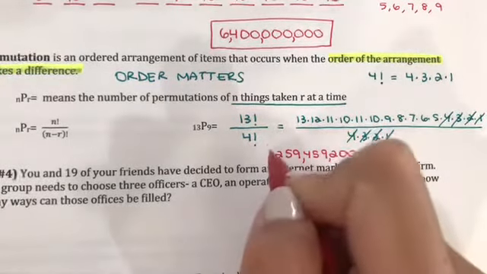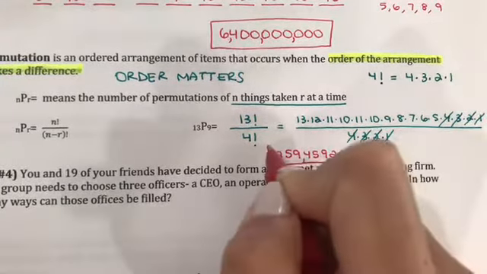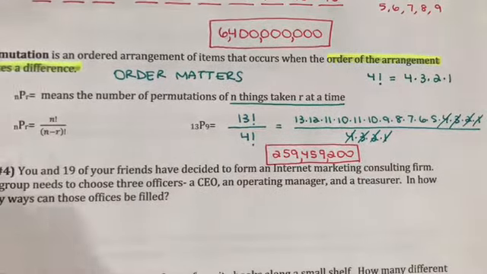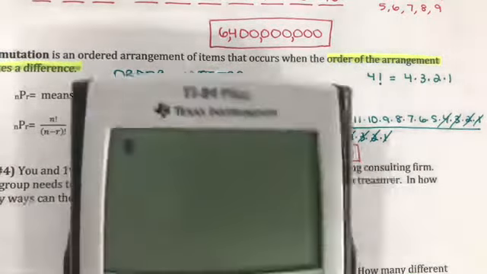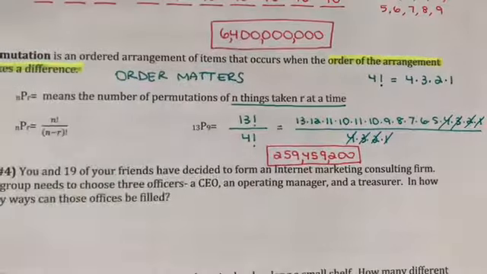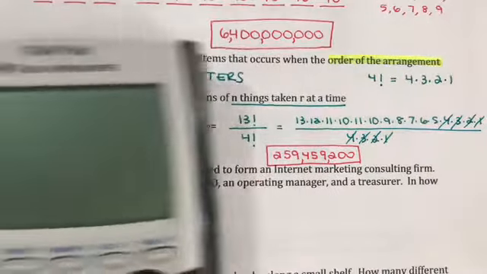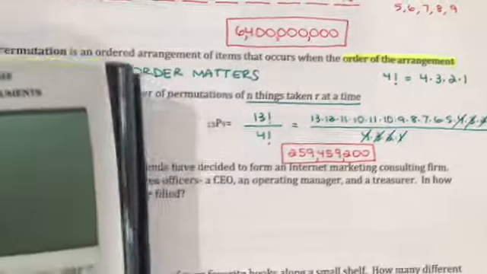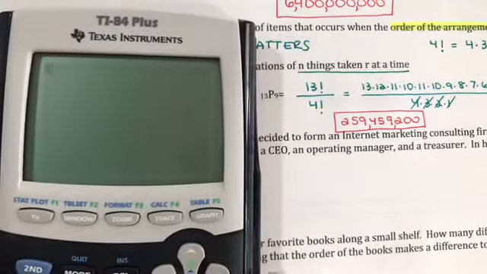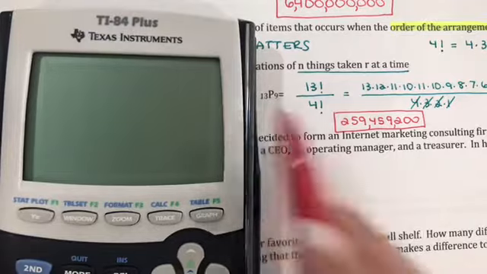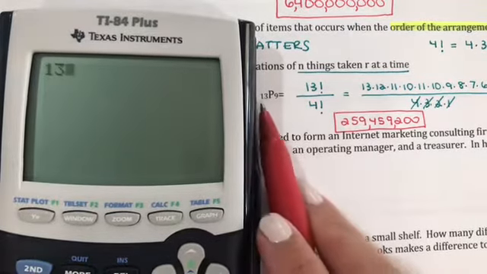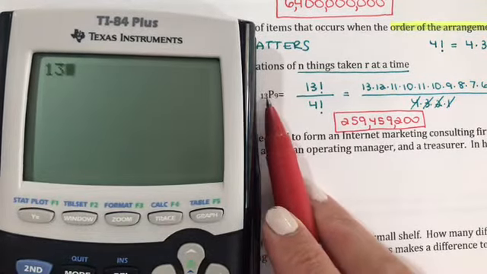Now, obviously, there is a faster way to go about this. If you have an 84 or an 83 calculator, I will show you the faster way. Those of you in Algebra 3, we've already done this. I'm going to start by putting in the number 13, because that's the first number in my permutation.